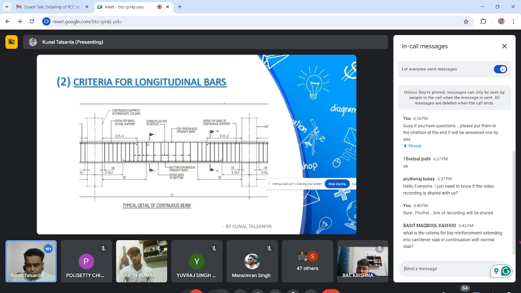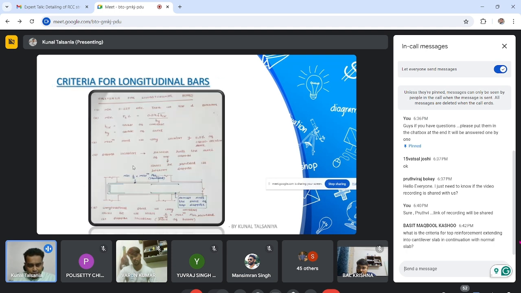Remember, AST provided, not required. Suppose AST requirement is 2000 mm square and I have provided 2500 mm square, then 2500 divided by 4 I have to provide through, in top and bottom both. So this criteria has to be followed.